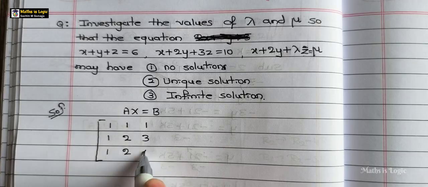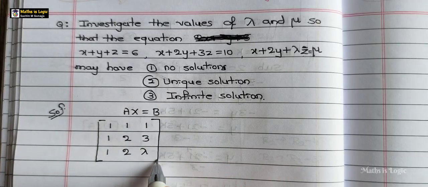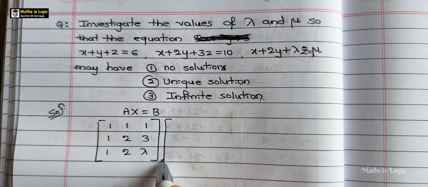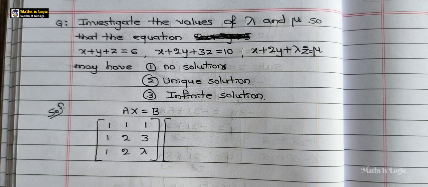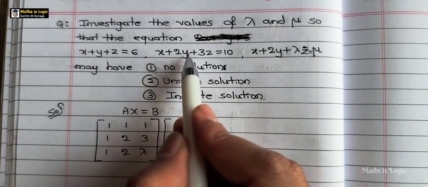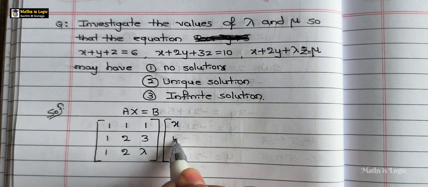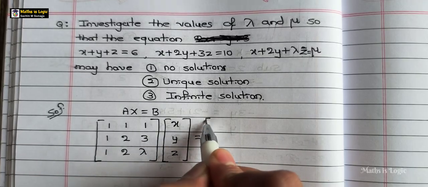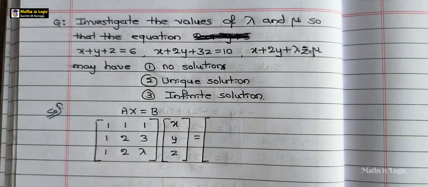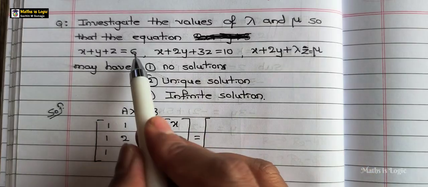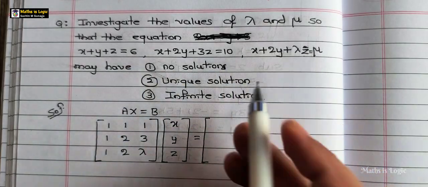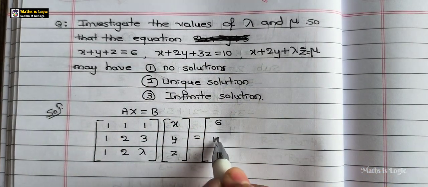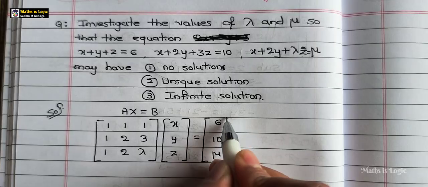Next, into, write the matrix of unknown values x y z. Next is equal to, write the matrix of constant values 6 10 mu.